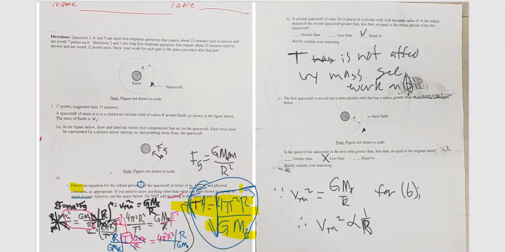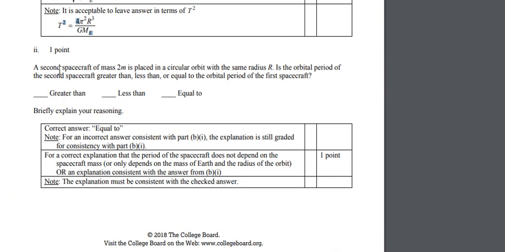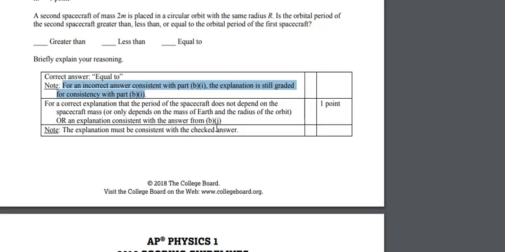Let's take a look at these two real quick. It says, okay, this one's worth 1 point. You had to put equal to. If you had some kind of good explanation that was consistent with the other one, I guess it might be graded. Basically, they want to know that the period of the spacecraft does not depend on the mass.